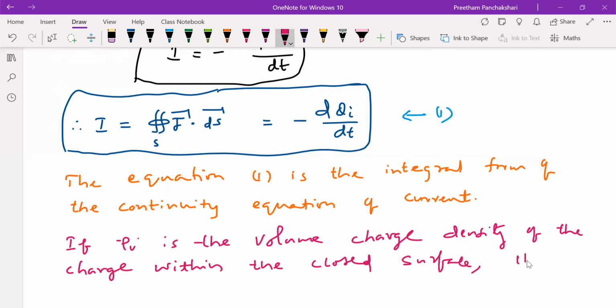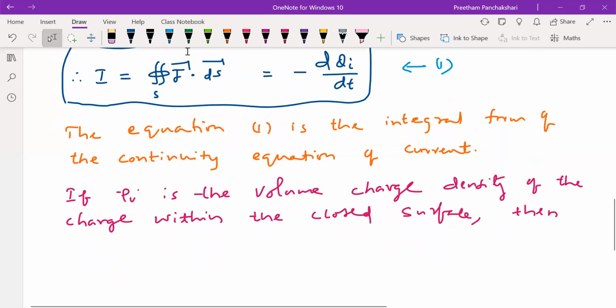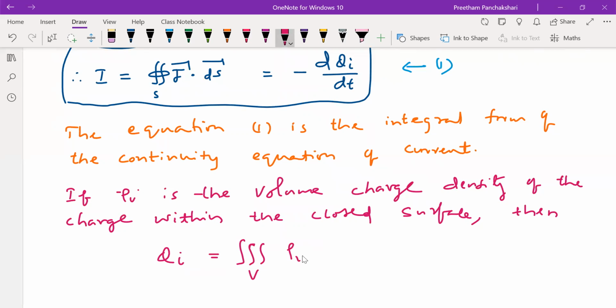Let us introduce the charge density into our equation 1. If you know the volume charge density, you can find the total charge inside the surface by the volume integral, or triple integral, of rho v.